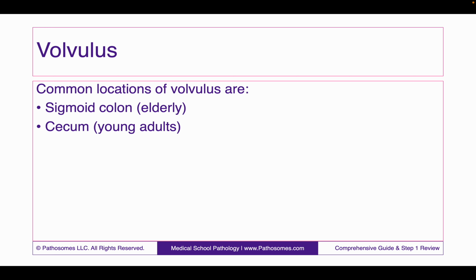Common locations of volvulus are the sigmoid colon and the cecum. For some reason, the sigmoid colon is more often affected in elderly patients, whereas it's the cecum affected most commonly in young adults.